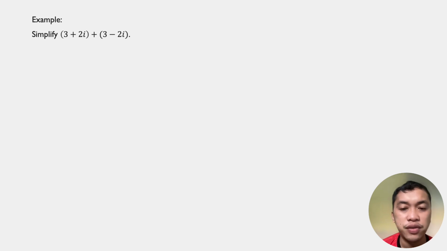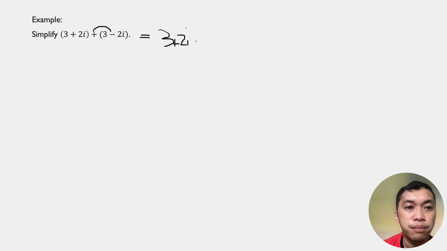Let's have an example, in this case an addition. We have to simplify (3 plus 2i) plus (3 minus 2i). All we have to do is distribute the sign on the second term, but this is a plus sign, so nothing will change. So this will be equal to 3 plus 2i, just copy the first term, plus 3 minus 2i.